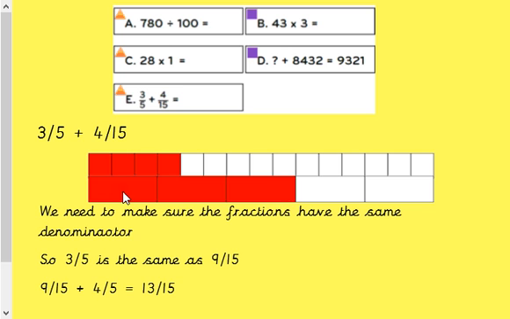And we can see that 3/5 would be the same as 9/15. So I'm going to turn both of these numbers into 15ths. So you can see at the bottom here, I've turned the 3/5 into 15ths, and I'm adding 4/5 to it.